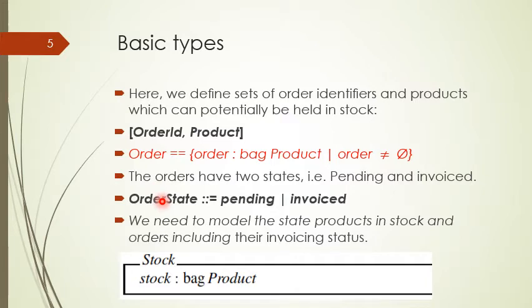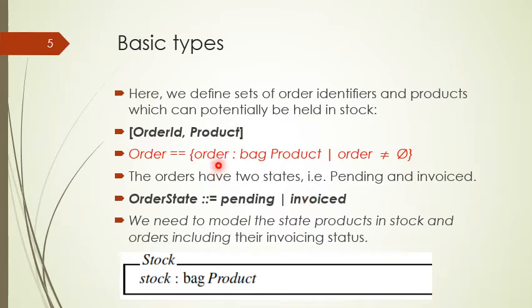Now we have another free type, other than these three types, which represents order state, because there are only two states, pending and invoiced. Therefore, we defined another basic type by using a free type definition, and this type has two values, pending and invoiced.